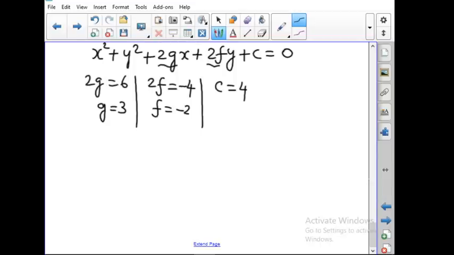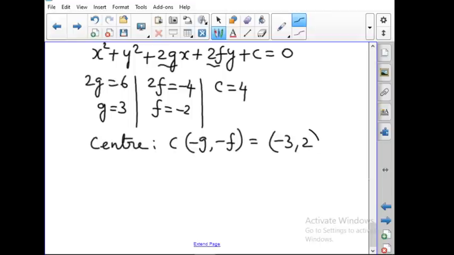Now let us write down the center. What is the formula to find out the center? Center is minus g comma minus f, which is minus 3 comma plus 2. Here you are having minus 2, so it will become plus 2. Here we are having 3, so we will have minus 3. And then radius.